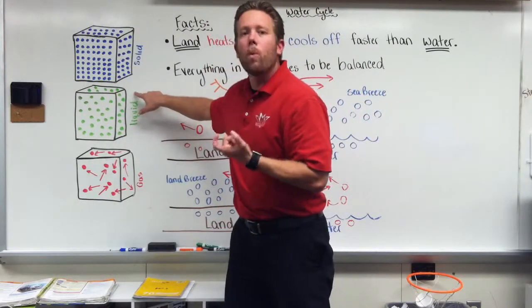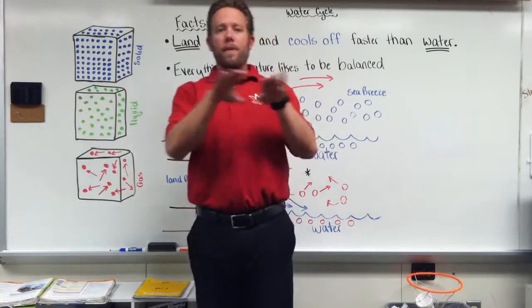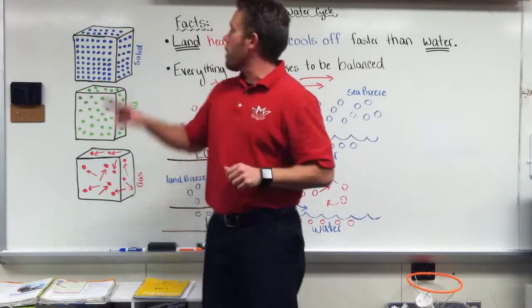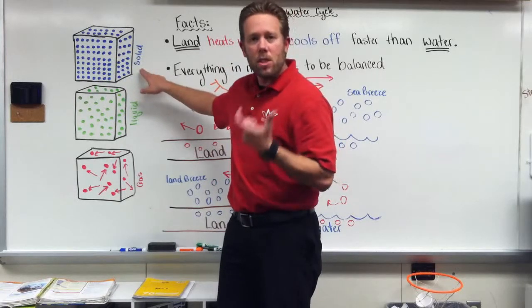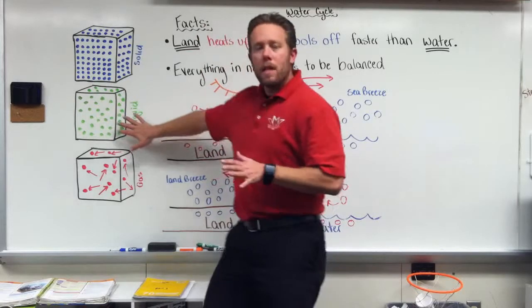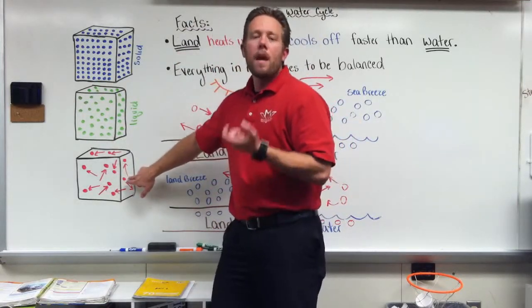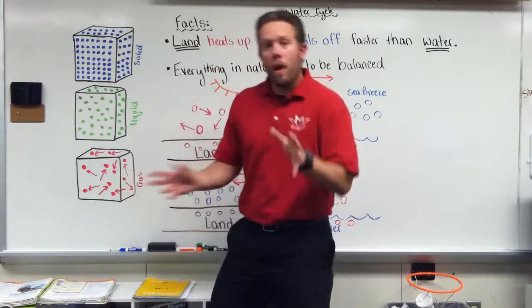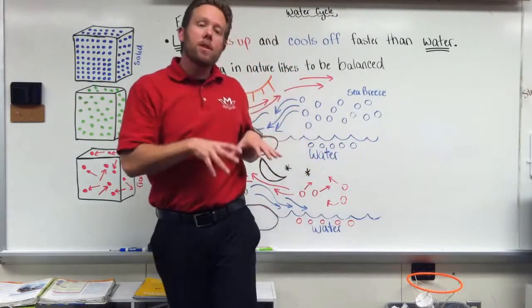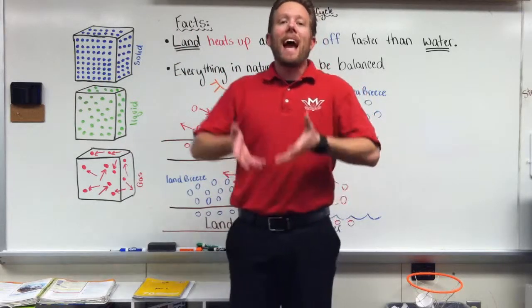You notice in the liquid, the water molecules are not in any type of nice, neat arrangement or pattern like they are with the solid. So the sun starts to move around these water molecules faster and faster until the water molecules start moving around so fast that they escape the surface of the ocean and it turns into a gas.